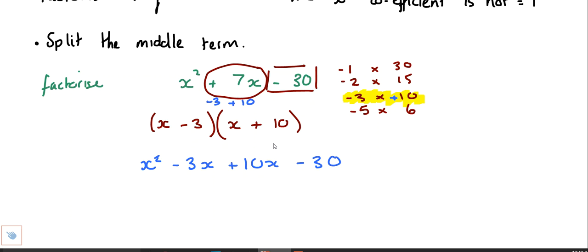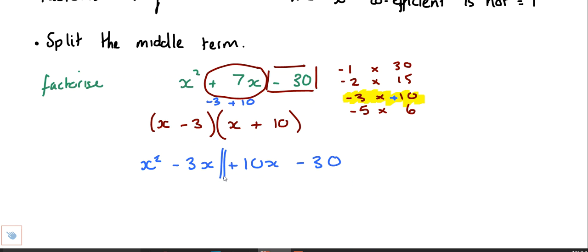By splitting the middle term, what we can actually do now is cut our quadratic in half. I remember doing this now. We don't necessarily need to do it in this case because we've gone straight to our answer, but just to show you it still works.